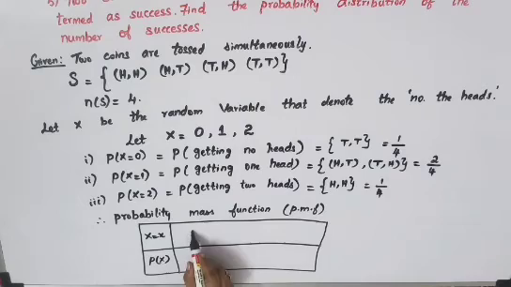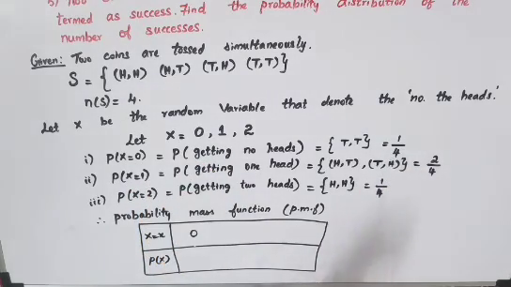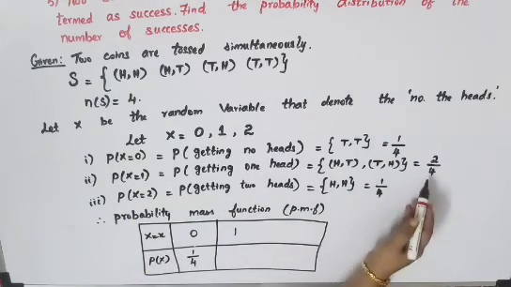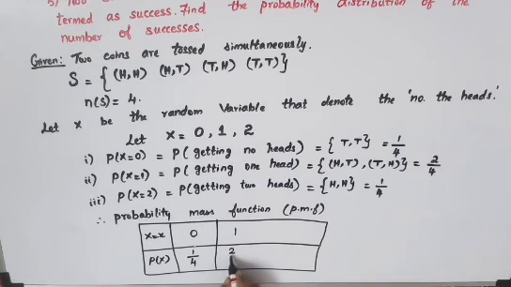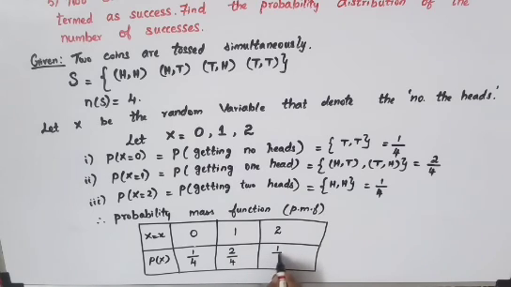Your values are 0. When X is equal to 0, the answer is 1 by 4. The next one is 1. When X is equal to 1, the answer is 2 by 4. The next one is X is equal to 2. When X is equal to 2, the answer is 1 by 4. So this is your probability mass function. So this is the answer for your fifth question.